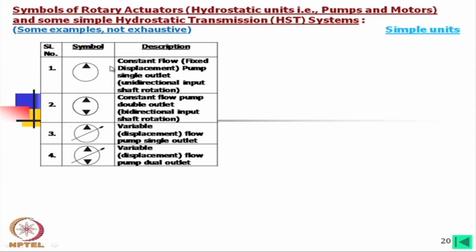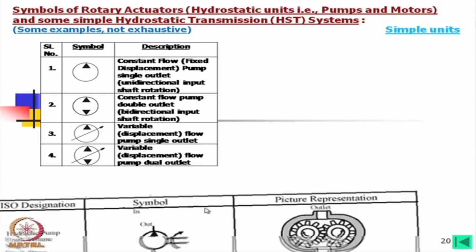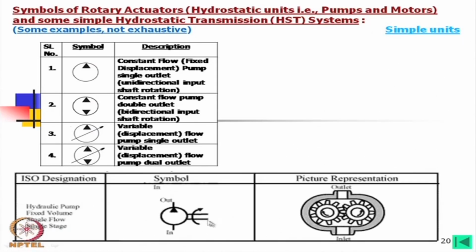Now, if you use an arrow, then with this feature, this will be variable displacement. In this case, it is a fixed displacement. Here it is bidirectional with variable displacement, and you can see this is the ISO symbol for a pump. You can compare this with this one.